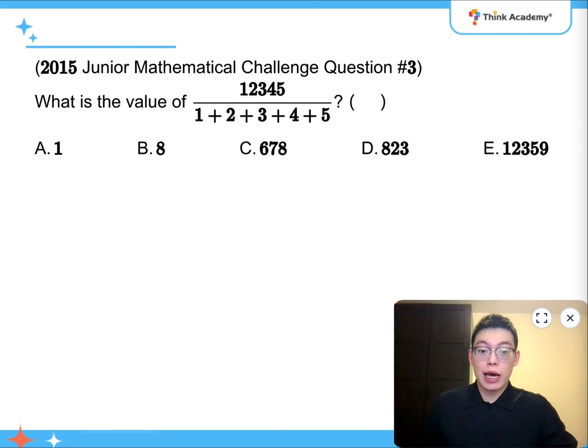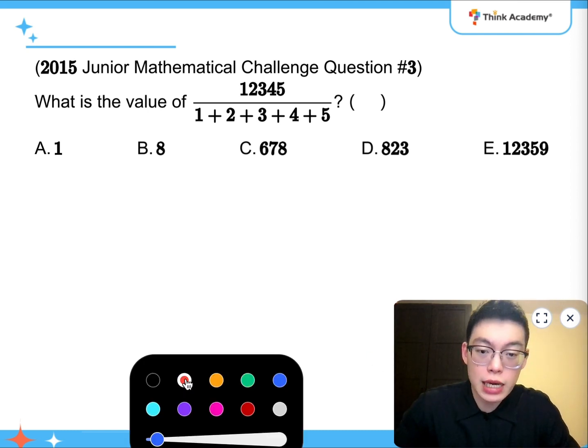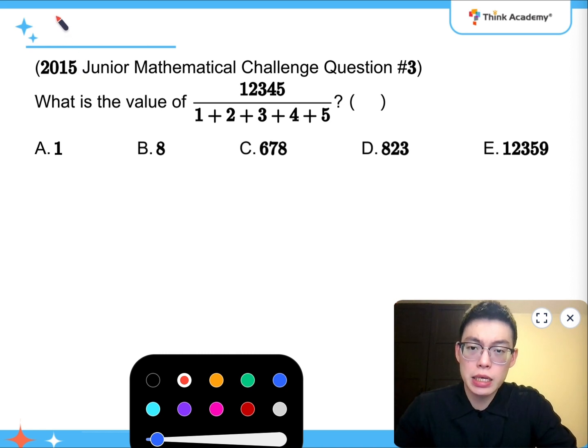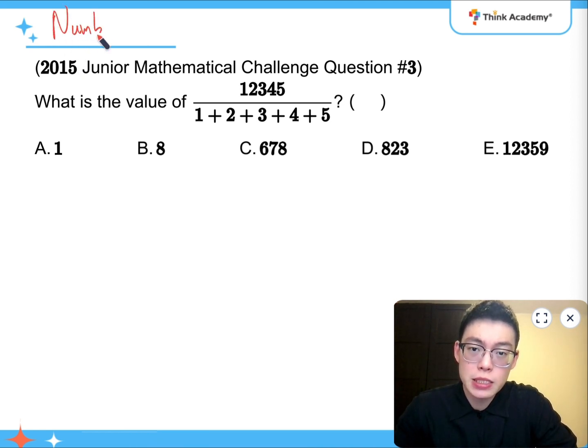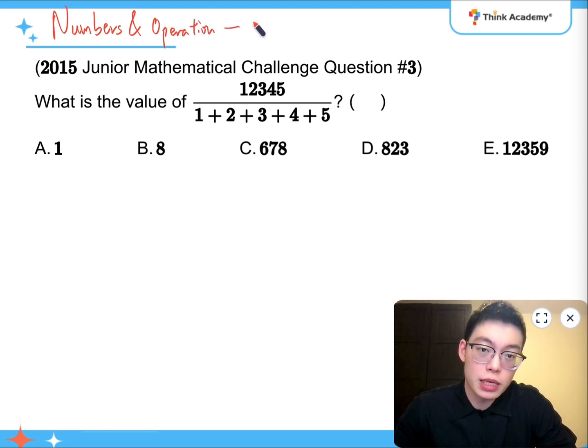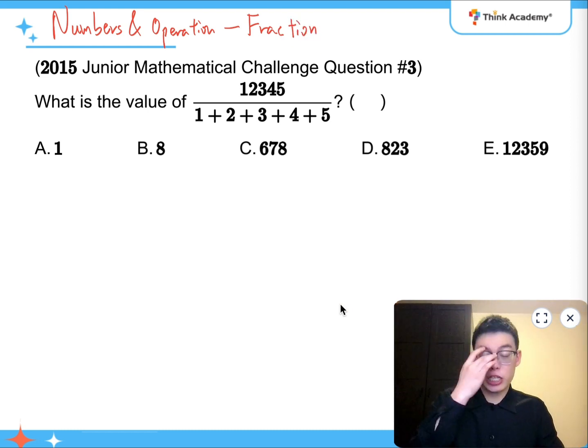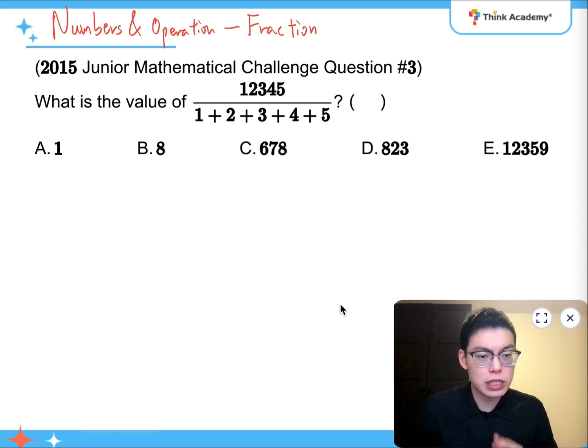Now let's take a look at question 3. I would say that again, it is a numbers and operations problem. And this time it's about fractions, or of course you can also say that it's about division, because fractions are essentially just division, but written in the form of fractions.